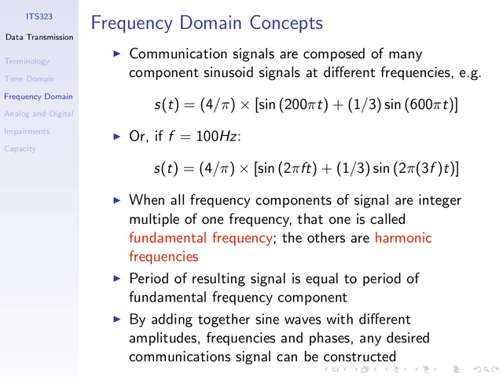Those three parameters: peak amplitude, frequency, phase. By changing them, we get different shaped sinusoids, and by combining sinusoids together, we can get different shaped signals. In theory, any communication signal can be expressed mathematically as made up of different sinusoids.